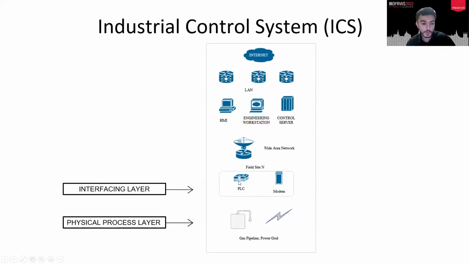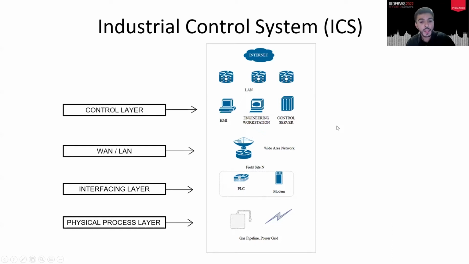The interface layer is connected, it acts as an interface between the control layer, and the control layer consists of HMI, engineering workstation, and the control server.